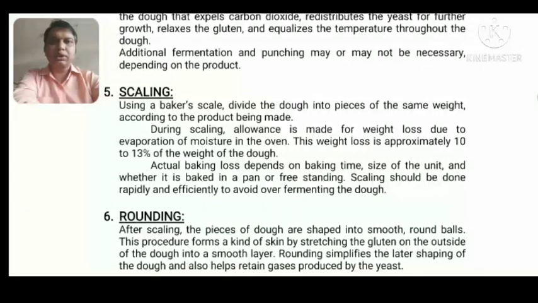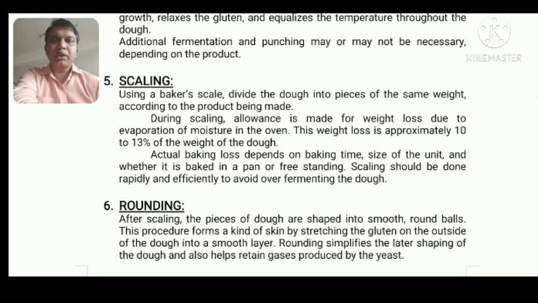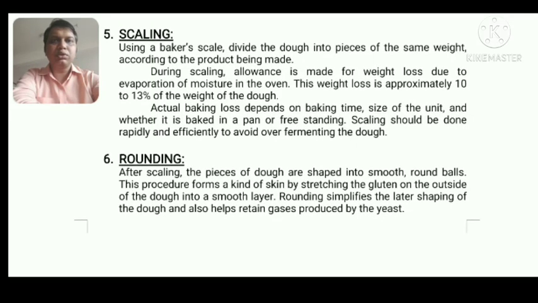Then we have the scaling stage. In the scaling stage we need to know what gram of final product we need. We cut out portions of dough for our final products and weigh them, so that after baking we know how much quantity it is going to be, and how much lighter the weight will be. We do the scaling so that the uniformity of the batch or the weight is maintained.